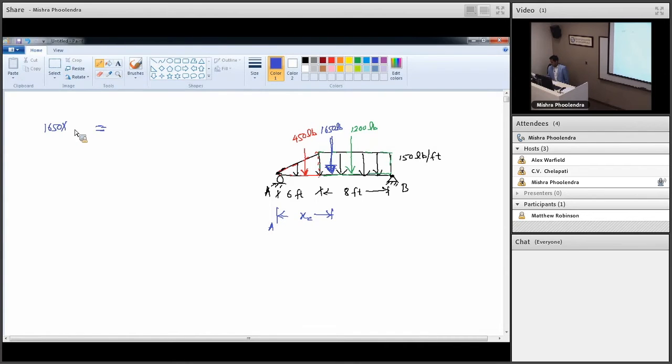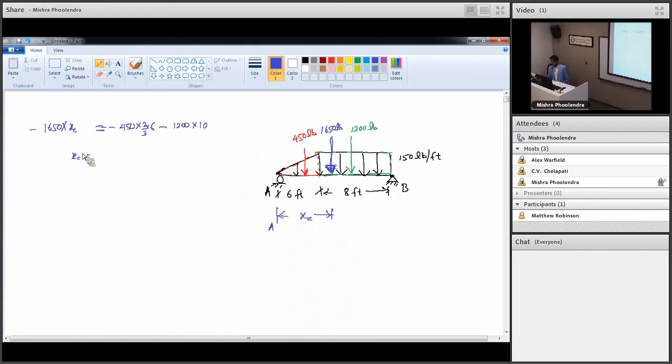1650 times XC, right? That's the moment of the resultant force, which must be equal to the moment of the individual forces: 450 times 2/3 of 6, and 1200 times that distance, which is going to be 10. All of them are negative about point A, so if you want, you can put negative everywhere, and that will give you the XC.